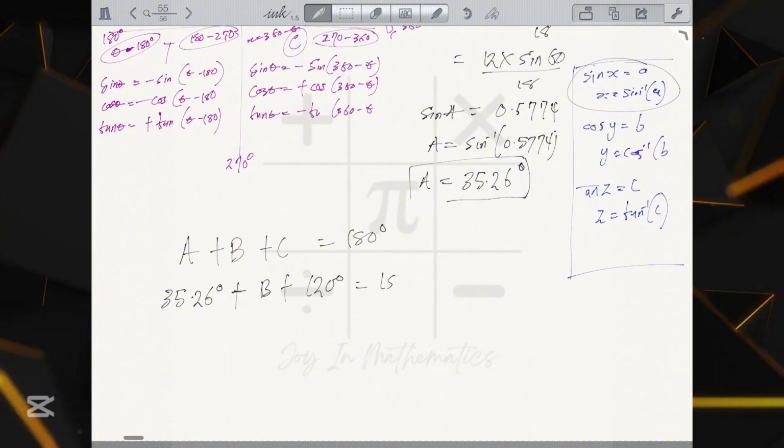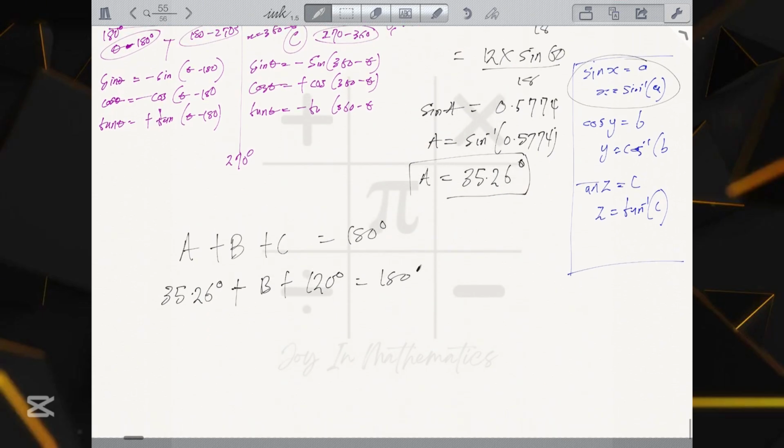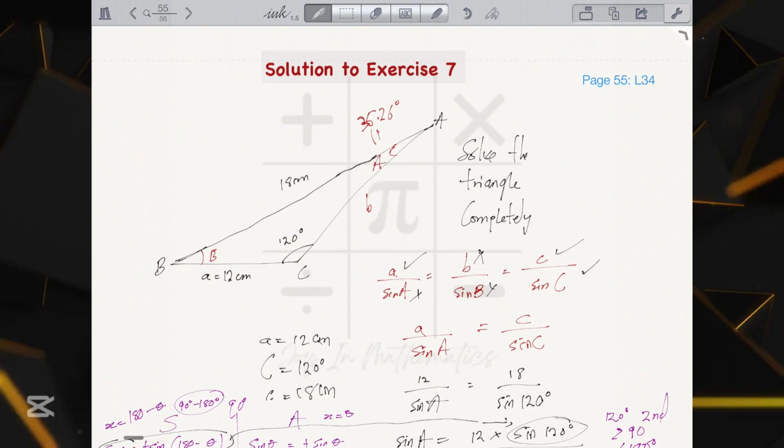So B will be 180 degrees minus 120 degrees minus 35.26 degrees, and this would give us 24.74 degrees.